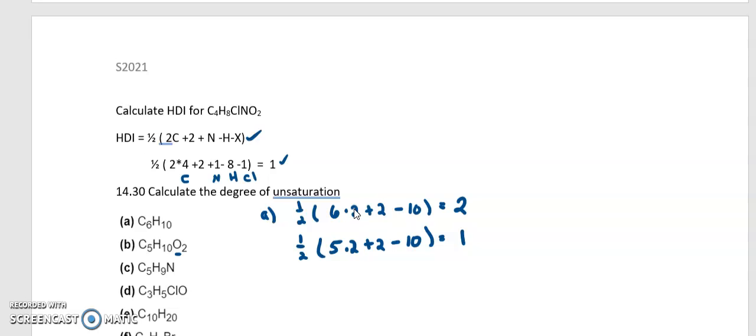For the next one, for C, we've got 1/2. We've got 5 carbons, and we have a nitrogen. So for our nitrogen, we're going to have to add 1. And it looks like we need to subtract off 9 for our hydrogens. And we should get the answer 2.